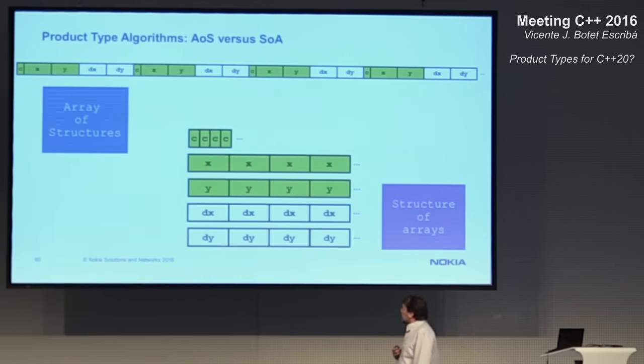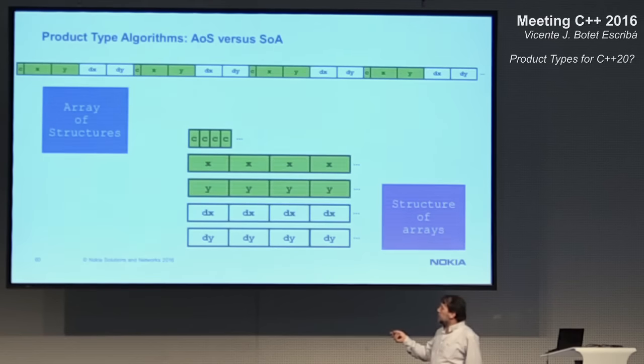There is something that everyone is talking about, this problem of cache. We need to ensure that the elements we are working on are in the cache. And when we work with product types, all the elements are as in a structure. Then we could have a structure with elements C, X, Y, dx, dy.